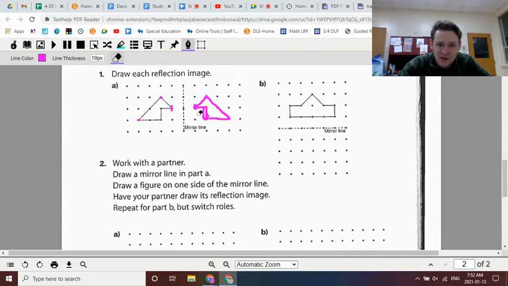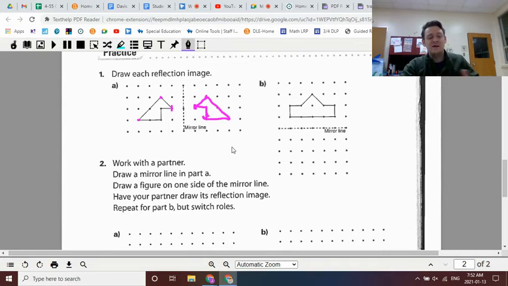Do I dare try to erase this one? I shouldn't have. That's okay. I'll take my time and I will try to get it right. Okay, so there's my shape. It's close enough for my skills on the computer. And if we did fold that page on the mirror line, those images should line up perfectly.